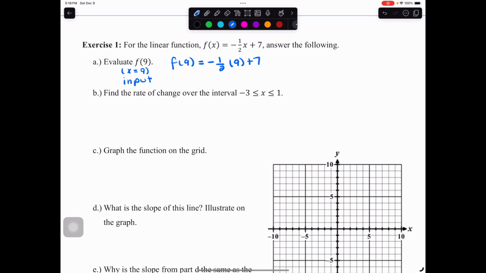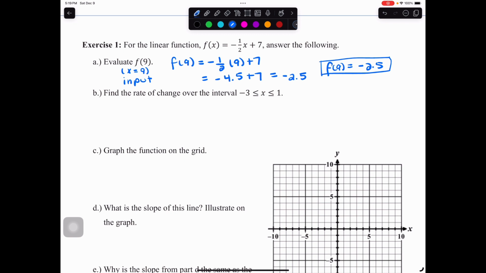Negative 1/2 times 9 would be negative 4.5 plus 7. And that, if you add those up, is going to be negative 2.5. So that tells me that f of 9 is equal to negative 2.5. That was an example of us having the input and finding the output.